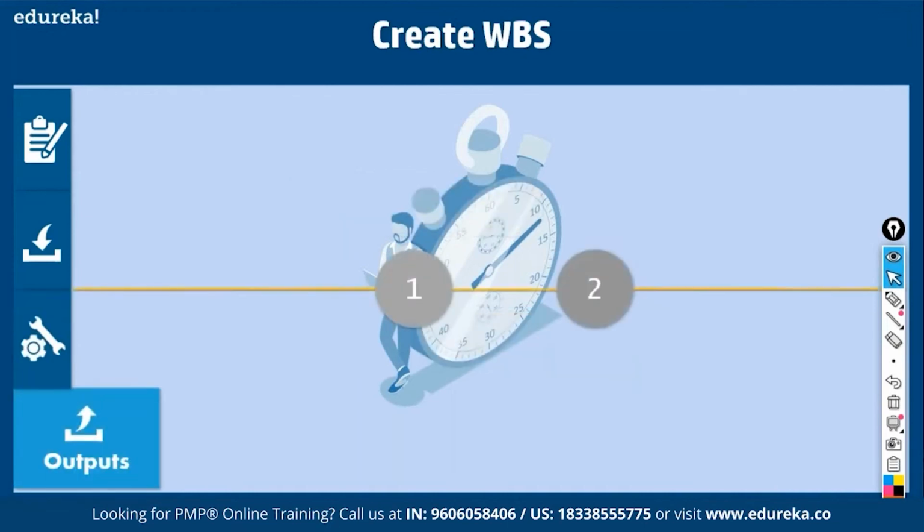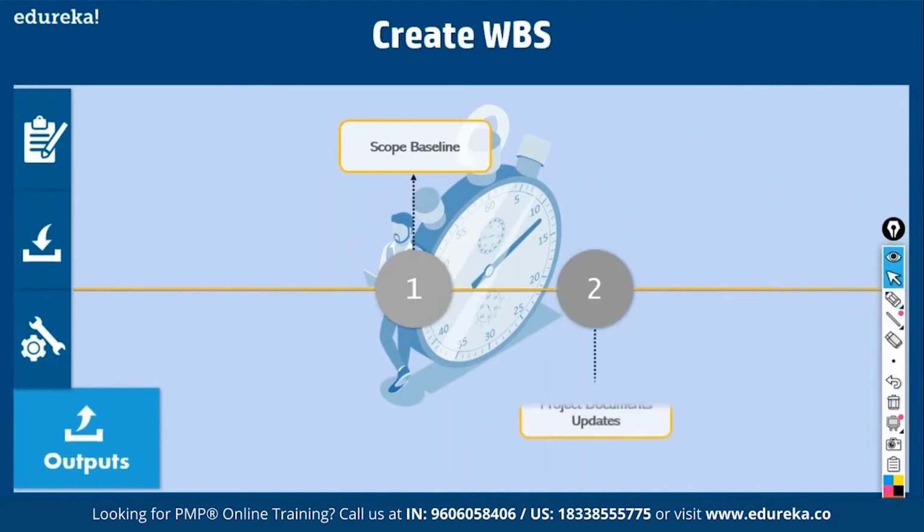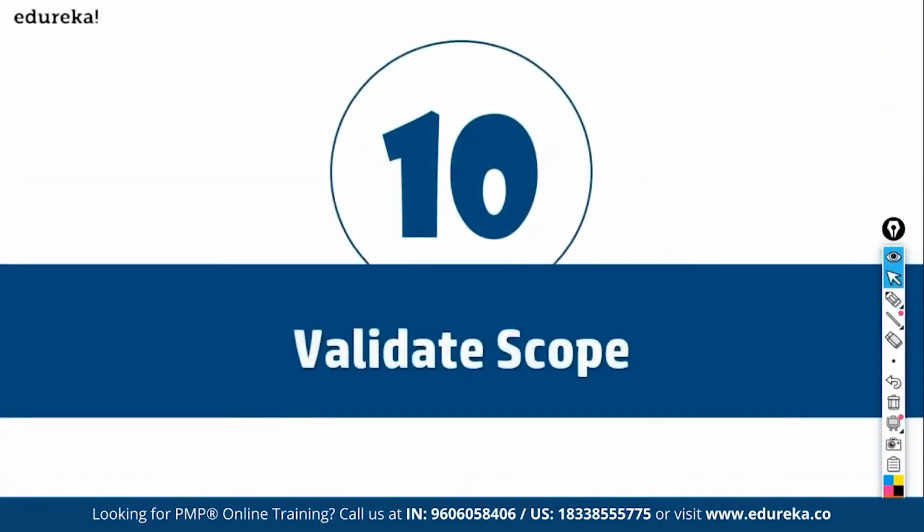Then the output is scope baseline. Scope baseline means, let's say you come up with a WBS, you have hundreds of work packages in a project. So this is called a scope baseline. Okay, fine. What else do you come up with? The next thing you come up with is that project documents are updated. Fine. So that's about creating WBS.